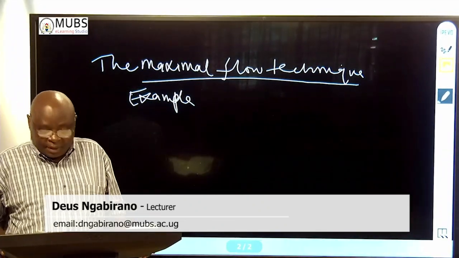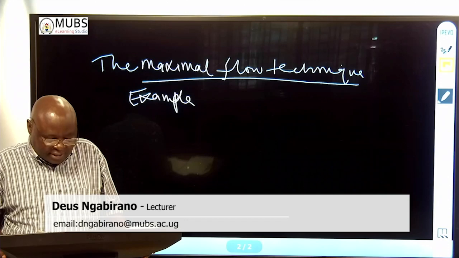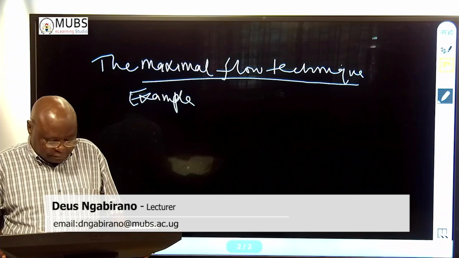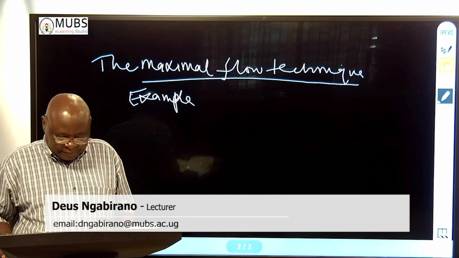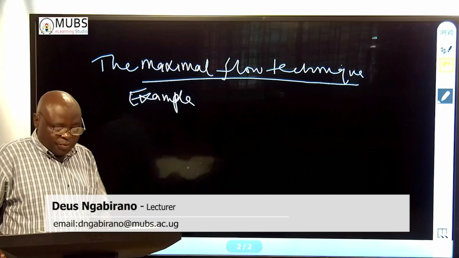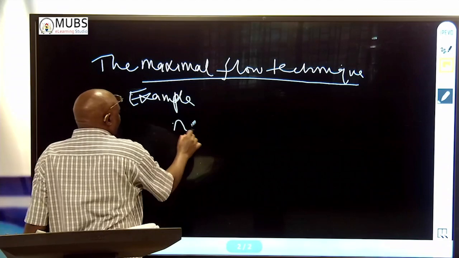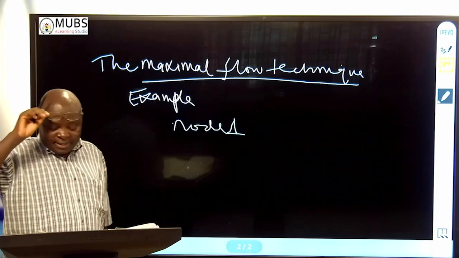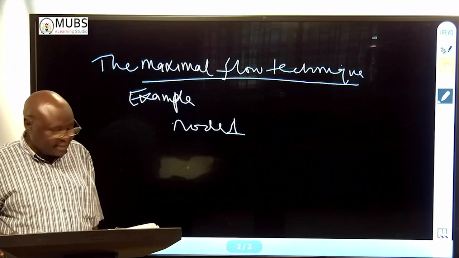Kampala Capital City Authority is planning to improve the flow of traffic within the city by establishing the following road network. Between Natete, which is node 1, and Bweyogerere, which is node 6.